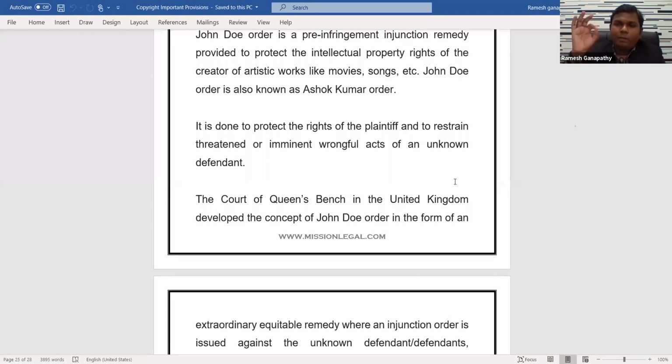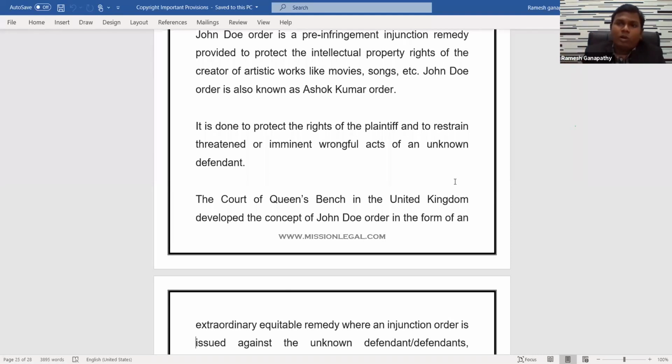For example, company A files a suit against company B, establishing before the court that I have all the proof and all the apprehension that the defendant is selling this product which is infringing my copyright or patent. When you give a prior notice, they'll definitely hide all the information or dispose of all the product. So immediately they go to the premises and search, seize all the product. That is the power of Anton-Pillar order.